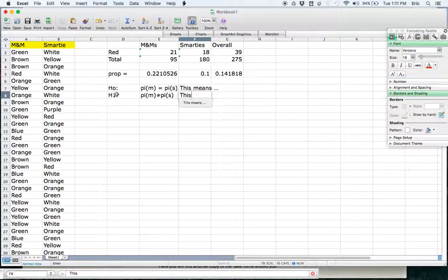And again, I'm going to let you fill in the rest of this with what that particular statement says about the proportion of red in these two candies. We set the alpha equal to 0.05.